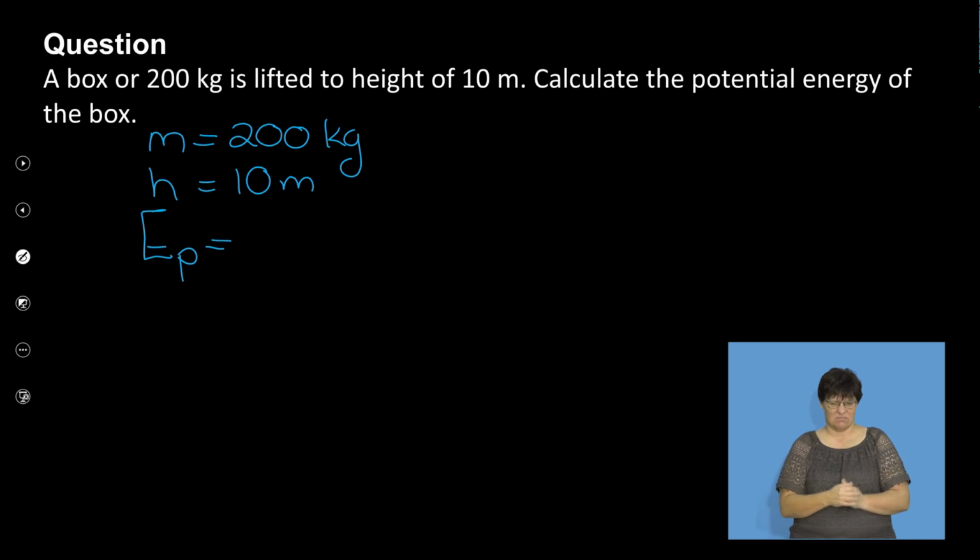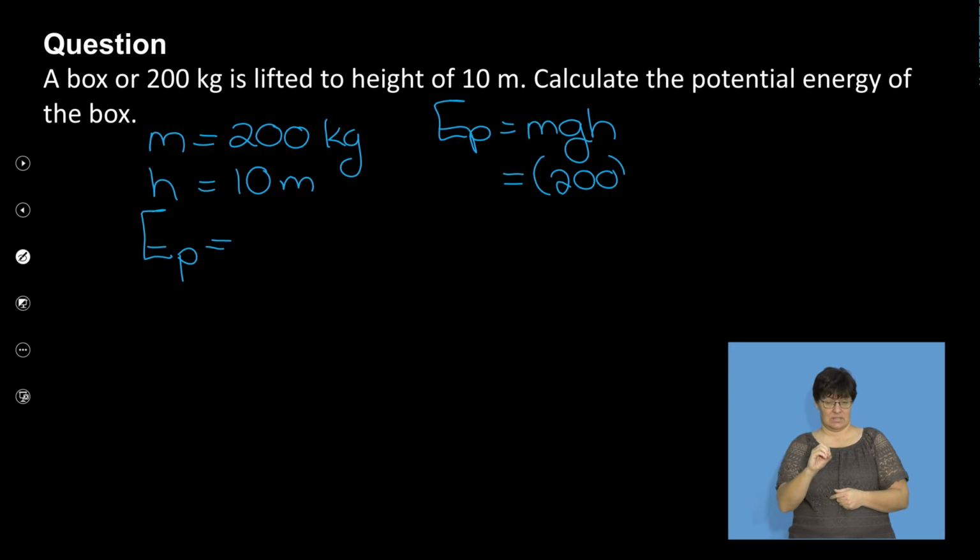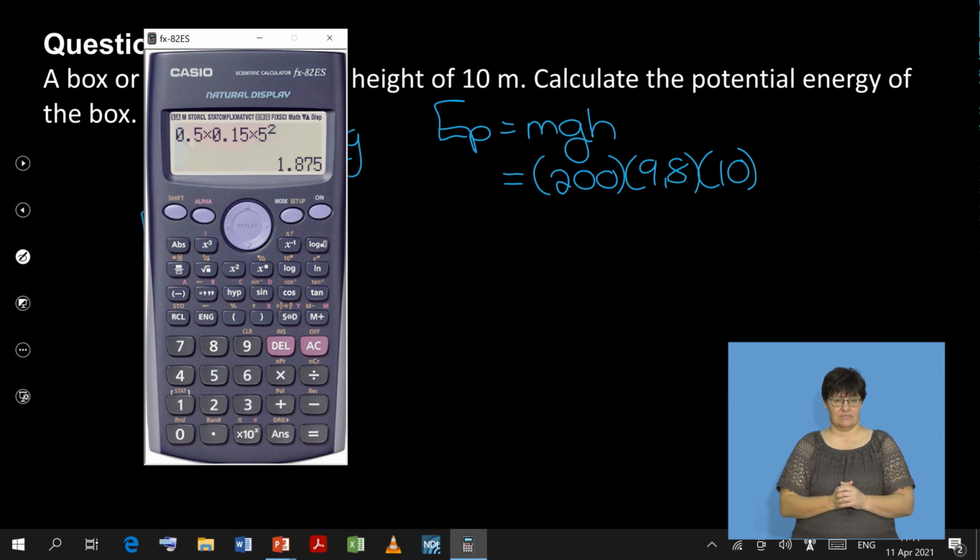We've done this lots now, so we can do this. So potential energy is mass times gravity times height. So we have 200 times 9.8 times 10.